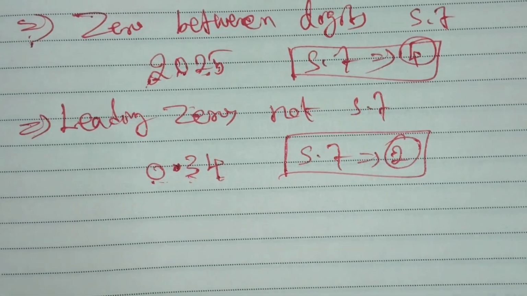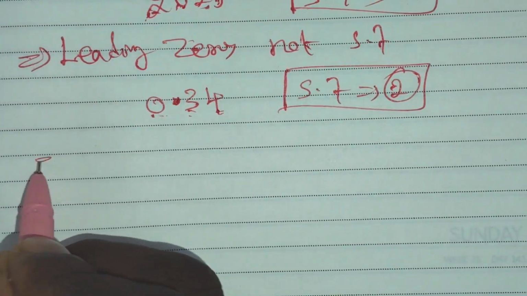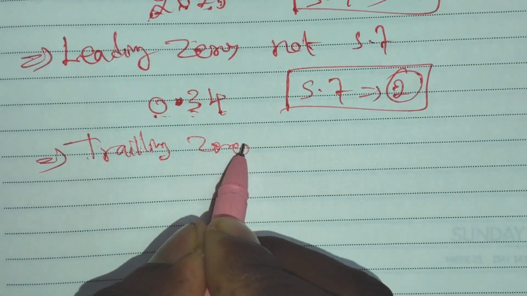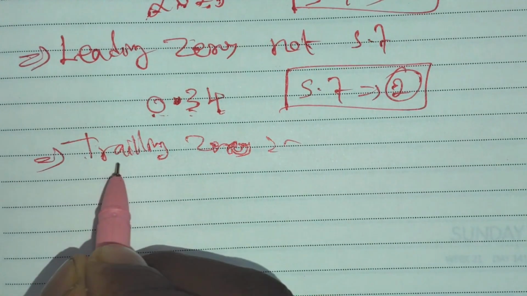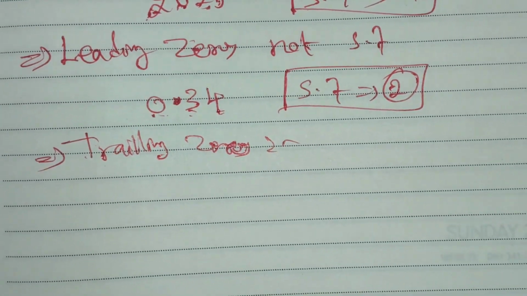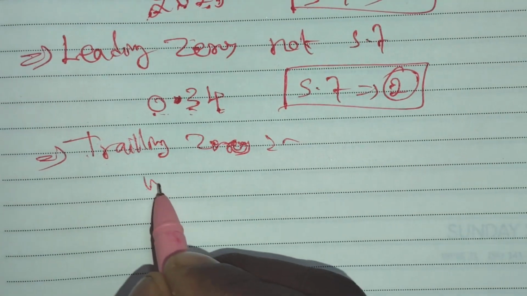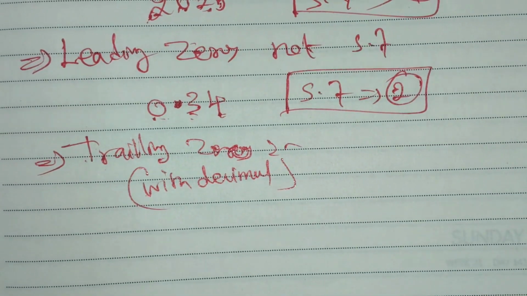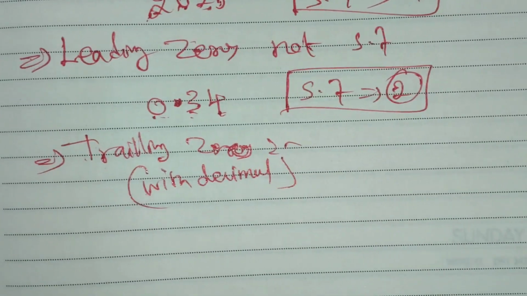And next, trailing zeros are considered in two parts: trailing zeros with a decimal and without a decimal. For example, this is with a decimal. The trailing zeros with the decimal in a whole number are taken as significant.